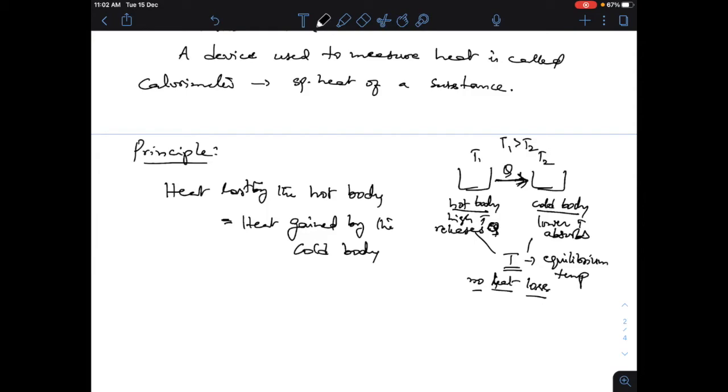Then the hot body releases heat and the cold body absorbs heat. Therefore, heat lost by the hot body is equal to heat gained by the cold body, which represents the conservation of energy.